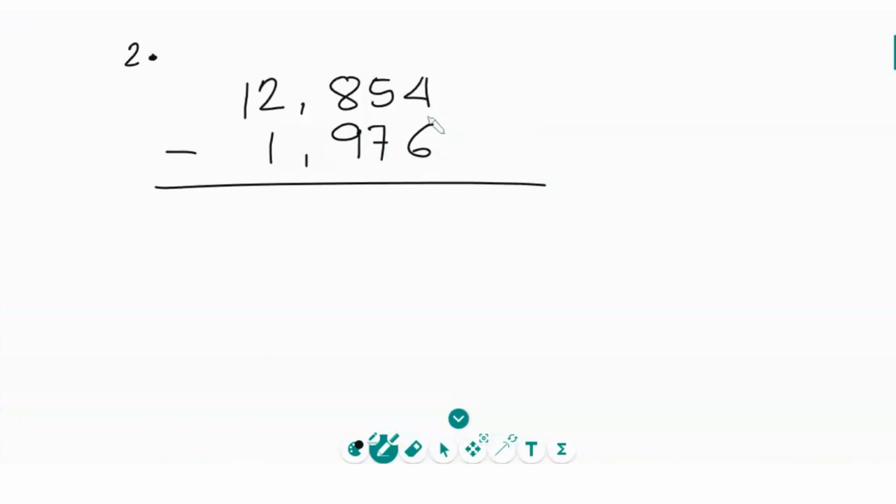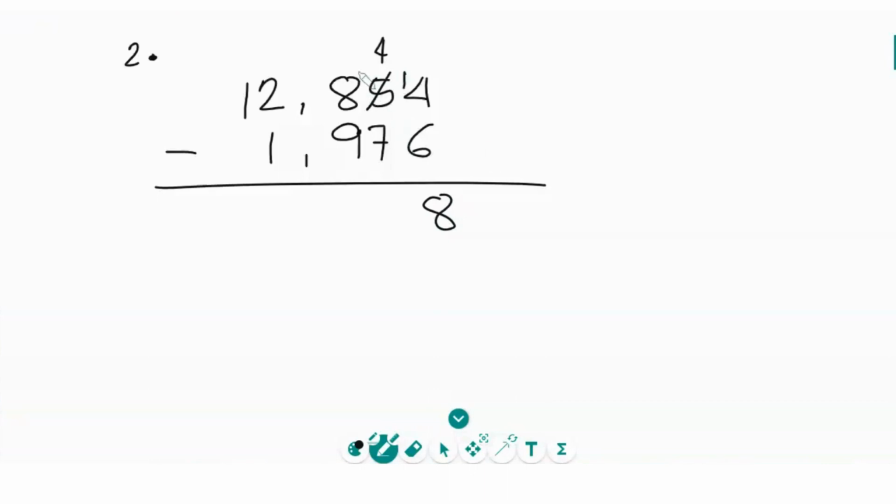So we have here 12,854 minus 1,976. So 4 minus 8, or 14 minus 8, right? So 5 will become 4 all over here. So 14 minus 6, that will become 8.